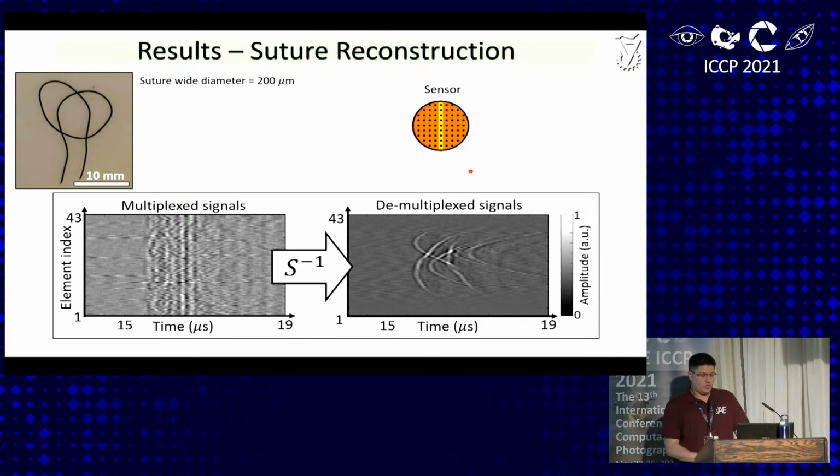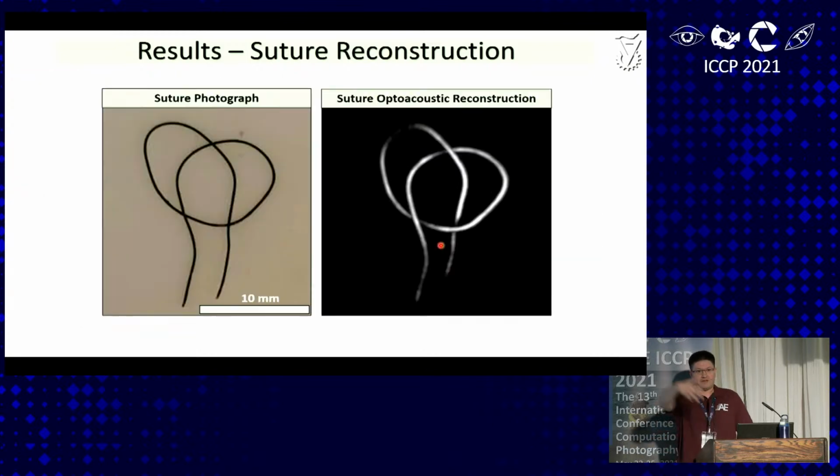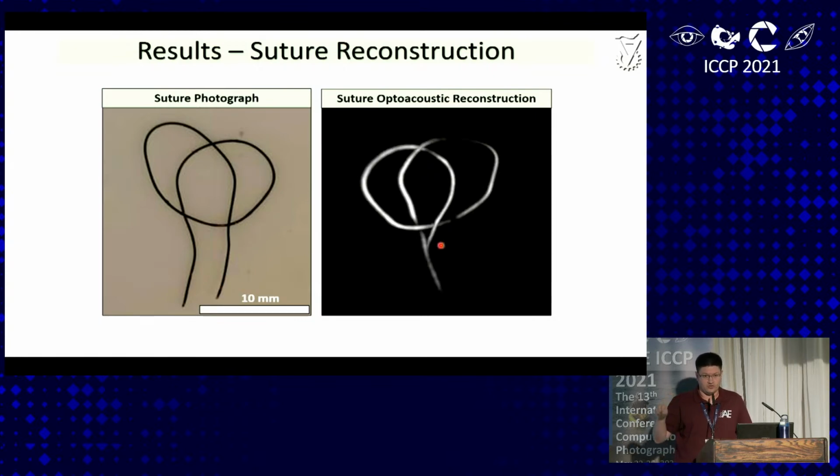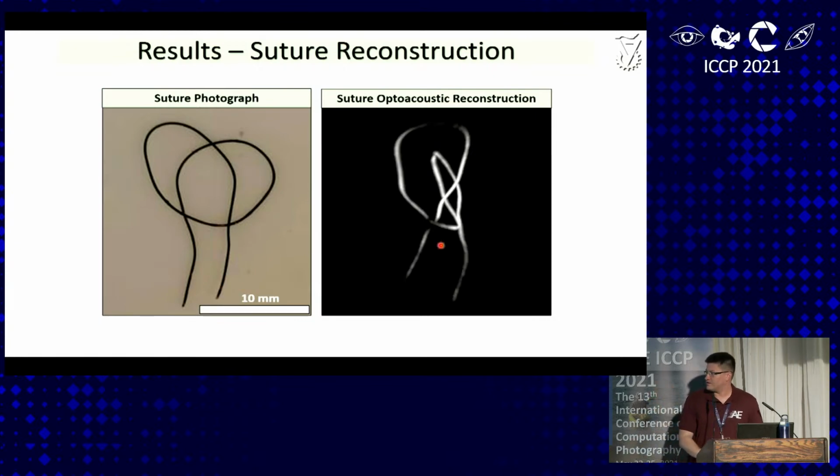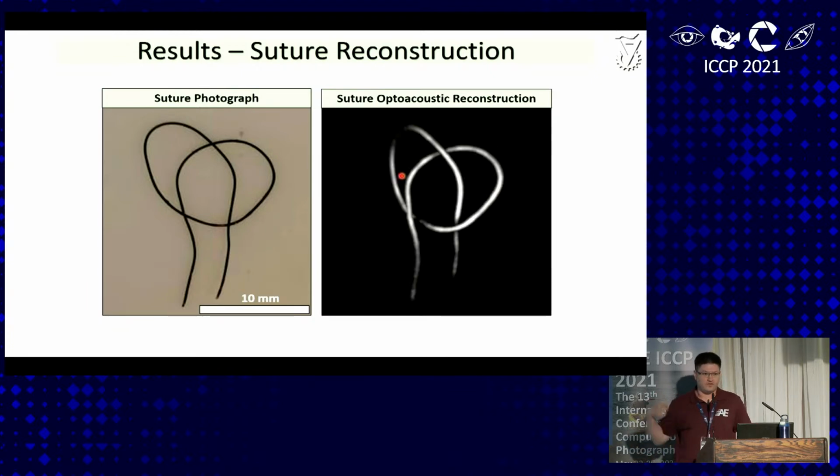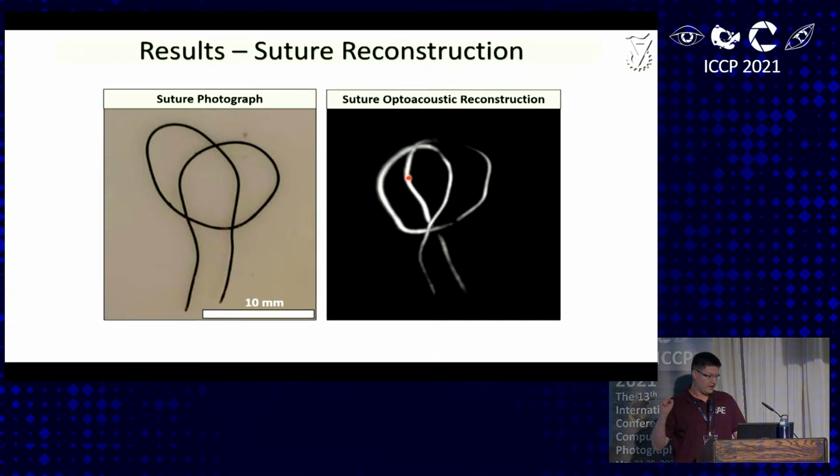So we have the demultiplexed signals, and from those signals, we perform back projection using, again, a computational algorithm, and we received a 3-dimensional reconstruction of the suture. So this is a 3-dimensional reconstruction created from the acoustic signals.